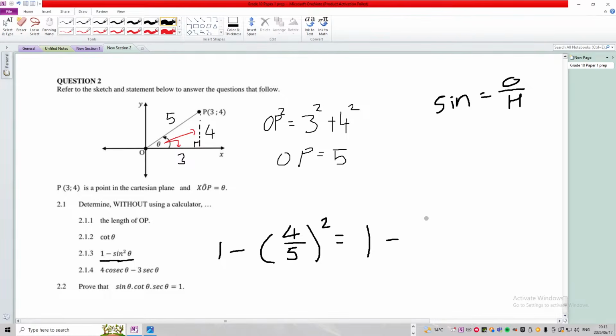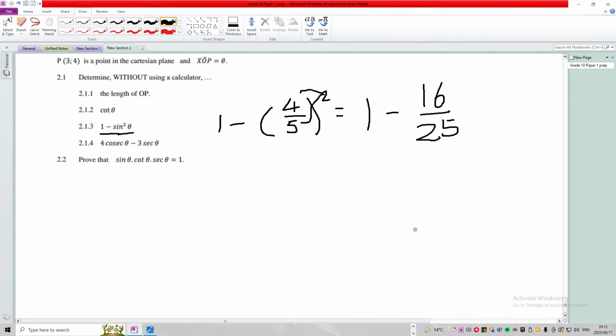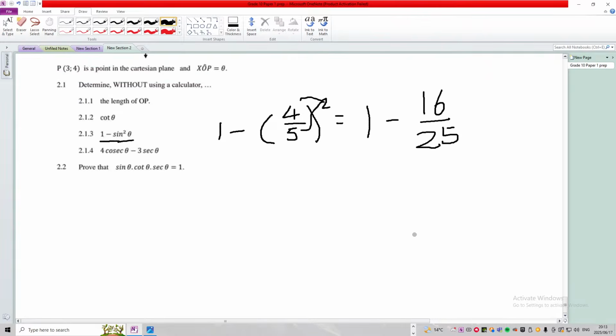So then we have 16 over 25 because we squared it. Please also, when you have a fraction and an exponent outside the fraction, the exponent goes to the numerator and the denominator. I know for a fact tomorrow I'm gonna see people not putting the exponent on the denominator.